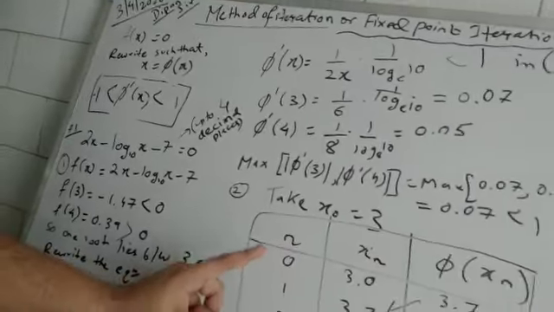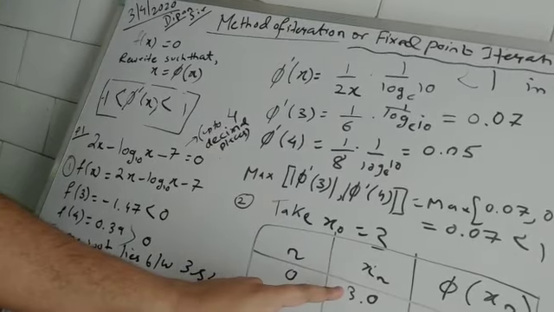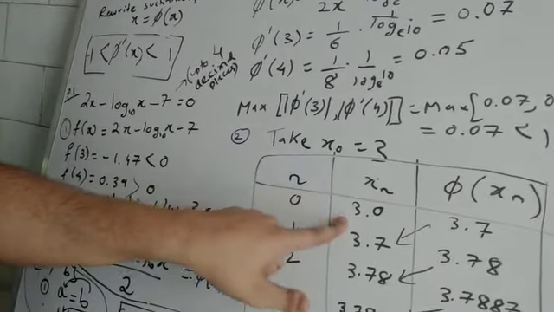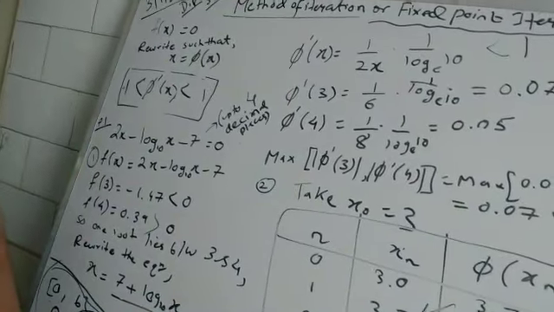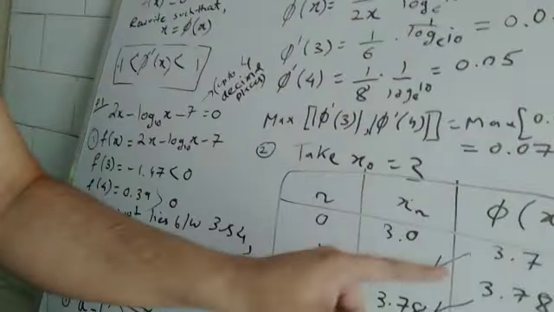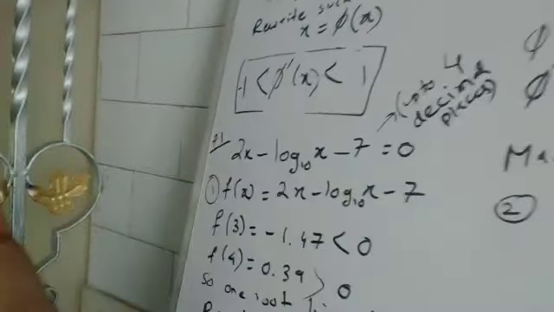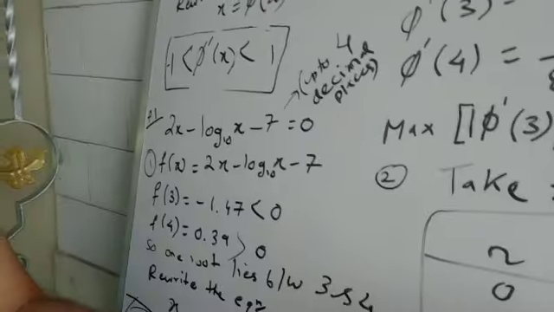Okay. So in the first step, see what is my x0? x0 is 3. Okay. So then how can you calculate phi x? See, put the value x is equal to 3 here.